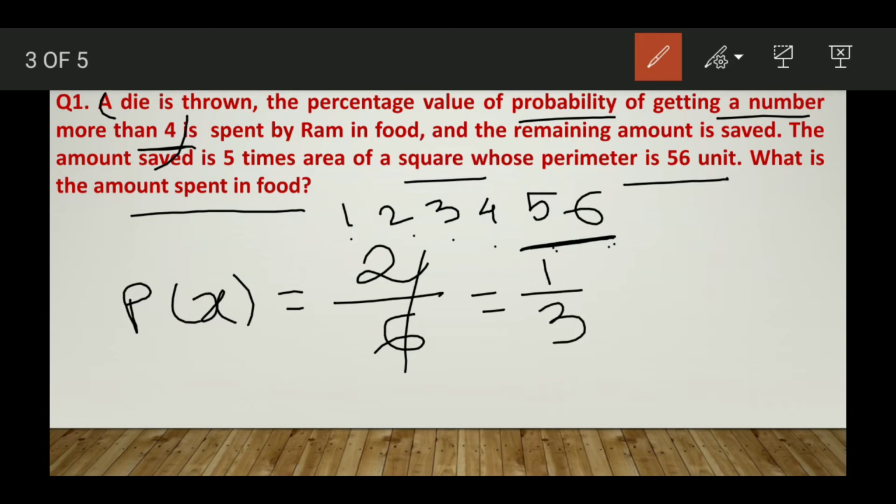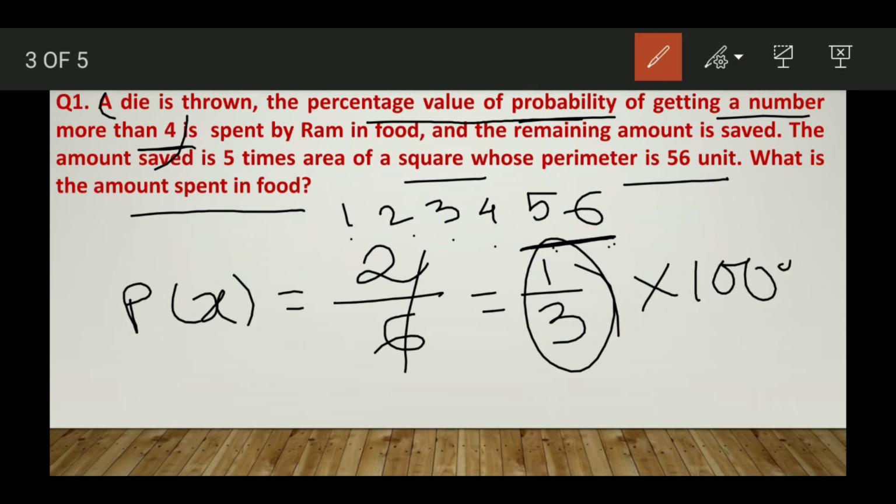Now it is given that the percentage value of this probability is spent. So how to find the percentage value of this fraction? To form it into a percentage, we have to multiply it by 100 percent. So if we divide 100 by 3, we will get 33 and 1 by 3 percent.